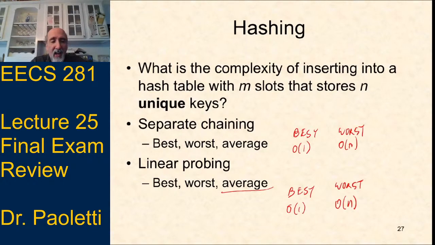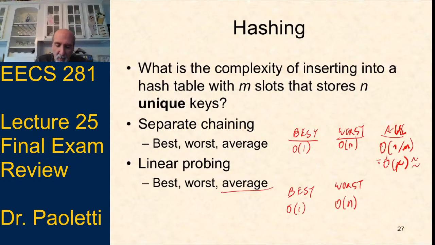So for a linked list with separate chaining, the average should be O of n over m, which is equal to O of alpha, which we'd like to be approximately O of 1, assuming we grow the table at some point rather than just keeping the table size the same.